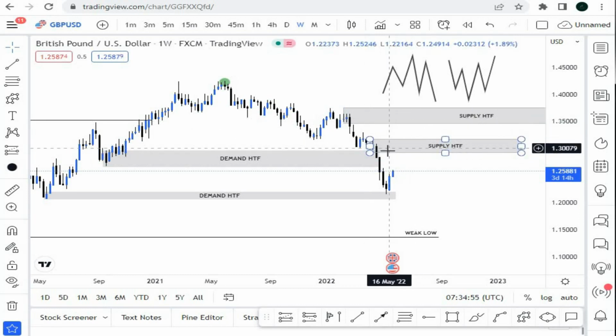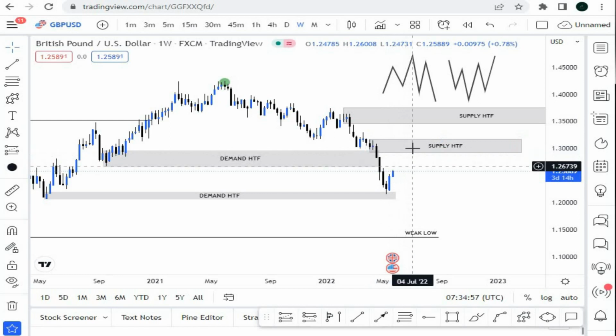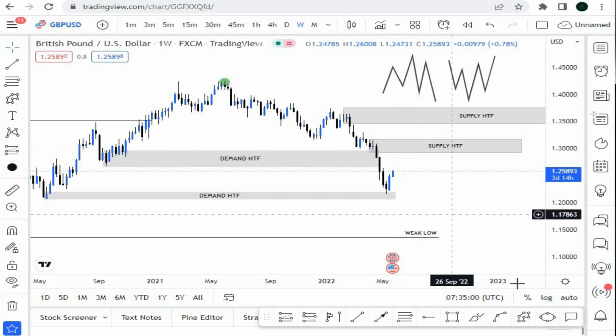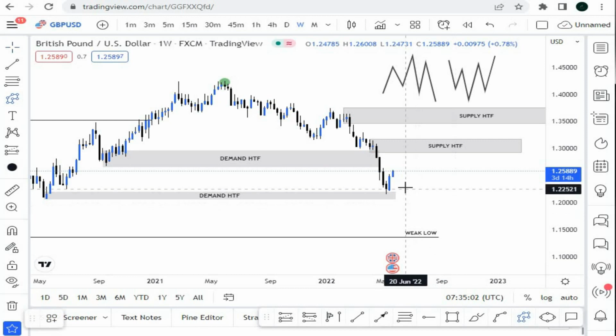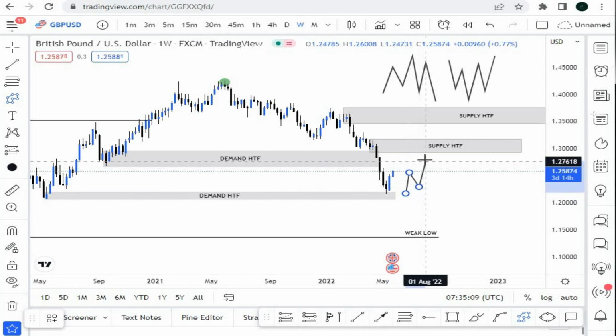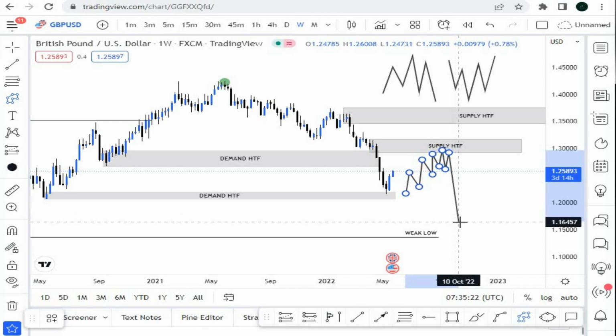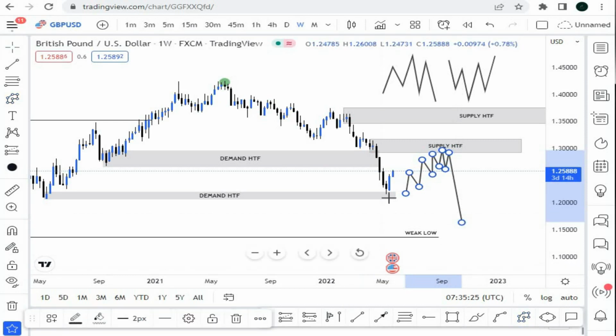You only validate this once you understand the price approach, because the price approach is the most important key to supply and demand, meaning you want to see a correction while the price is coming back to your supply or demand area. That's when you can say this is a nice price approach, and then you look for a change of character and the price will continue going down, breaking those swing lows or lower highs.